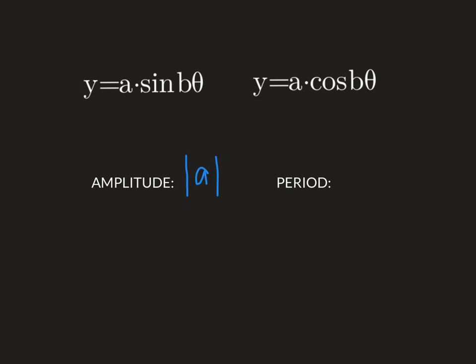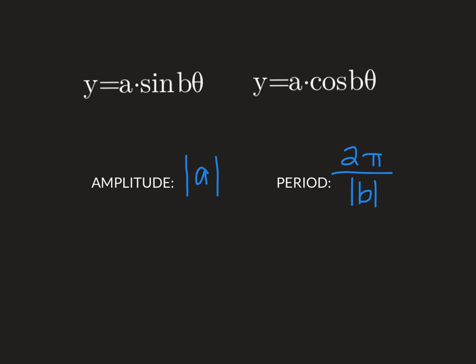And then the period we said in the parent functions was 2 pi, but the period is going to be 2 pi divided by the absolute value of B. That changes how far my graph goes. So the period, think of it like a horizontal stretch or shrink. Does it expand it?